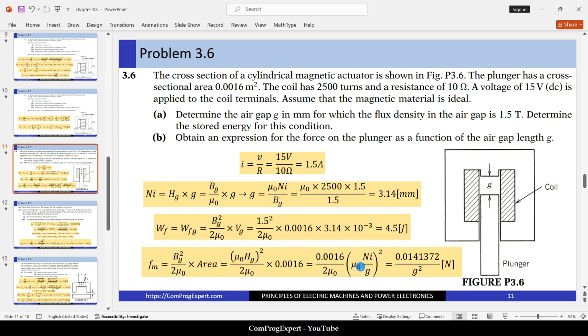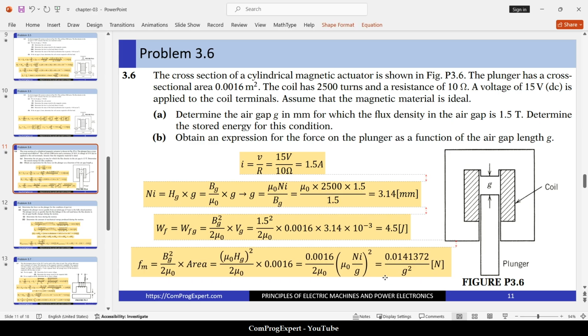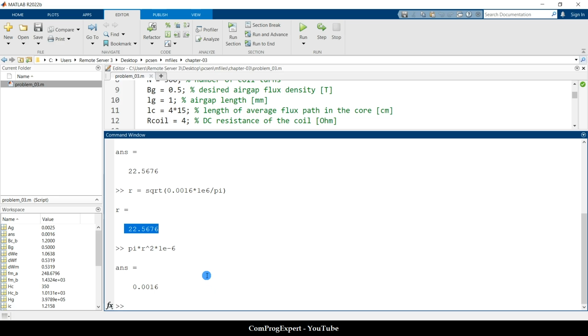So let's calculate this part and check this number that we have here. So this is 0.0016 times the value of mu 0, which is 4 times pi times 1e minus 7, and this is the coefficient of the force.